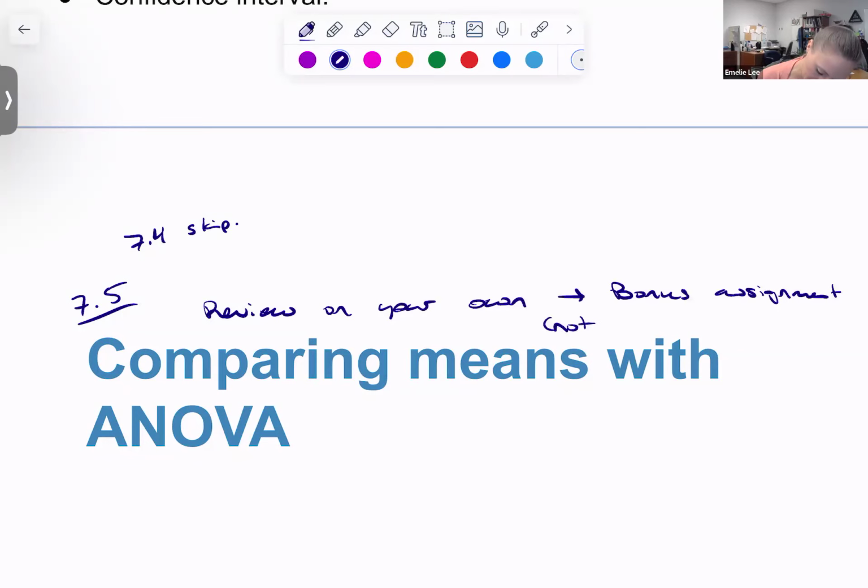But it's not tested, so it won't be on the final exam, but you'll have a bonus assignment to try to boost your grades, and that'll be good. All we're doing with an ANOVA is comparing, well, what if I have more than 2 means, 3 or more means, then is there a difference between these means?